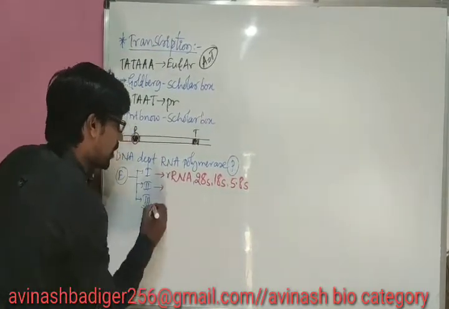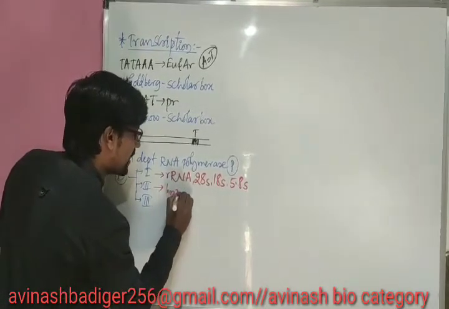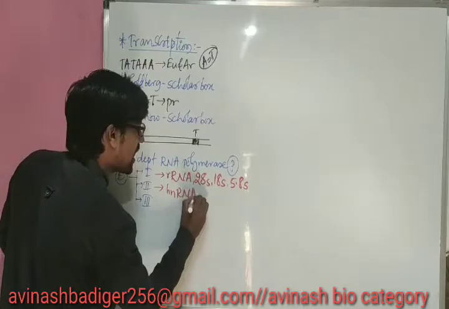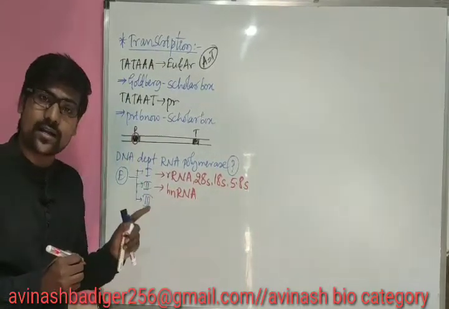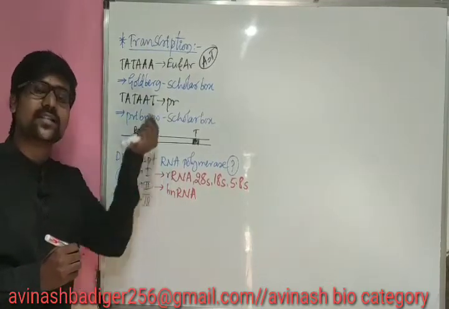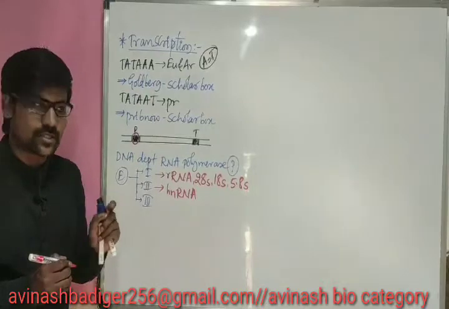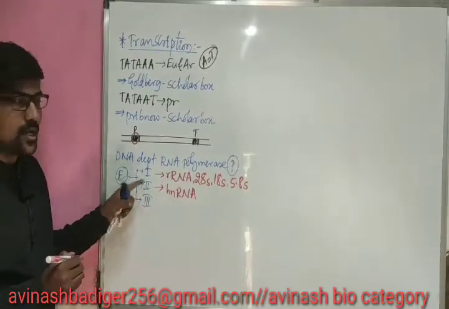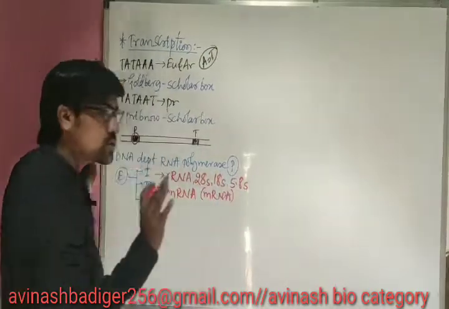RNA polymerase 2 helps in the transcription of hnRNA. What is hnRNA? It is the heterogeneous nuclear RNA. This RNA is next modified into mRNA by the post-transcriptional process. That means RNA polymerase 2 helps in the formation of mRNA, but it is not direct.